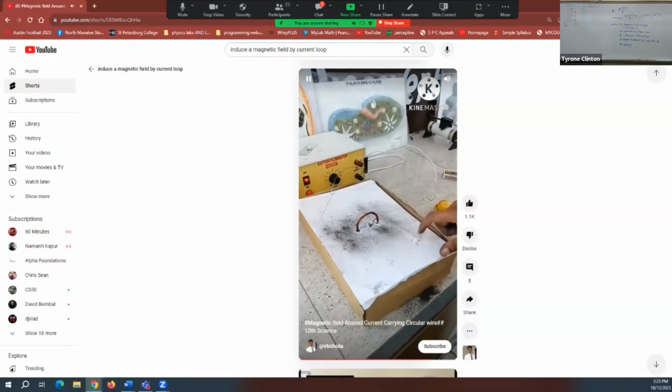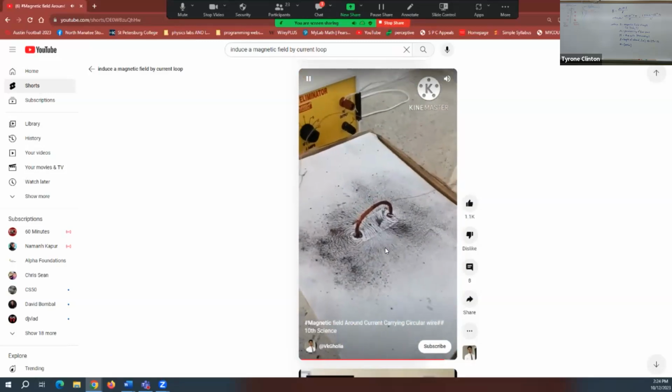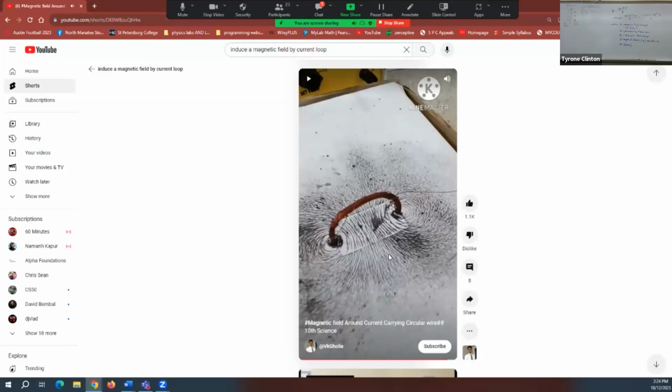Tap it. See some of those magnetic field lines. It doesn't show you exactly which direction north is, but it gives you some sense of how this can produce a magnetic field.